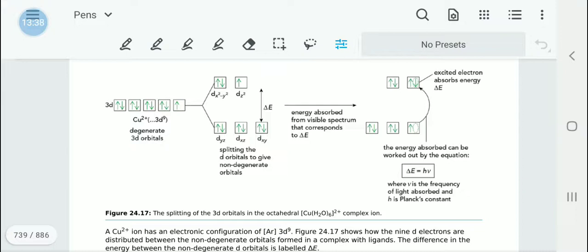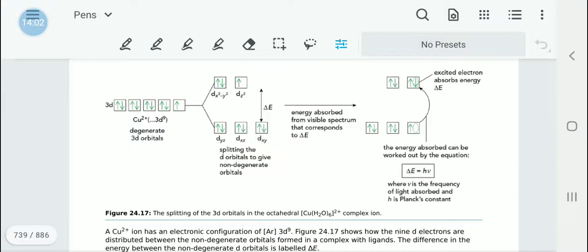When light is shone upon this complex, energy would be absorbed by electrons to jump up to the higher energy level.